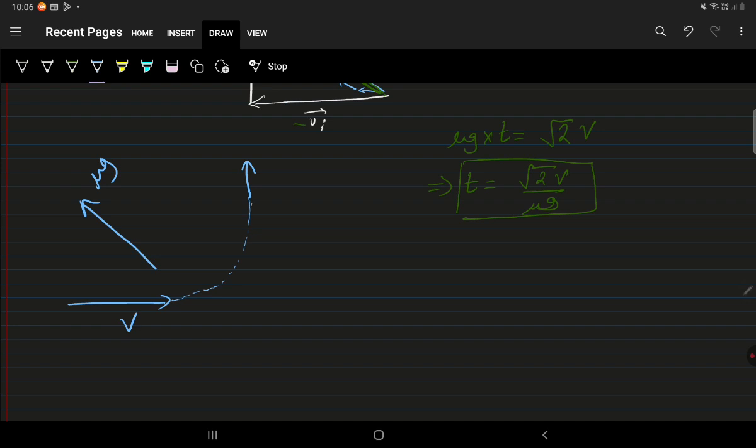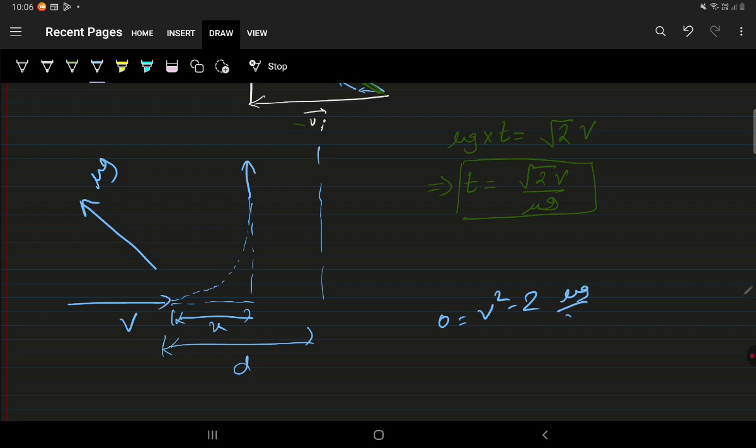And we can also find the minimum distance from the wall. If the initial distance is d when the acceleration began, let the distance covered along the x-axis be x. Then 0 is equal to v square minus 2 a x, where a is mu g by root 2.